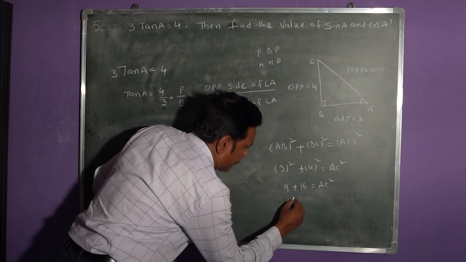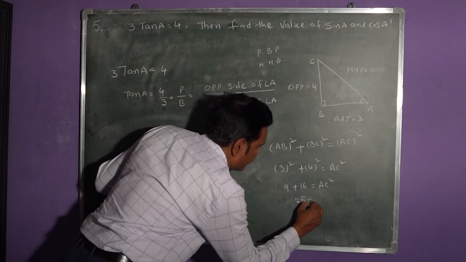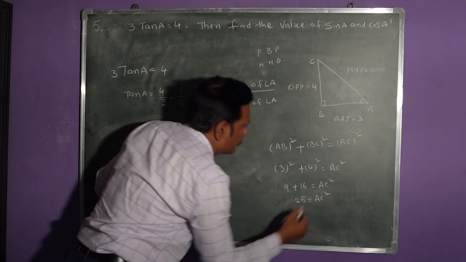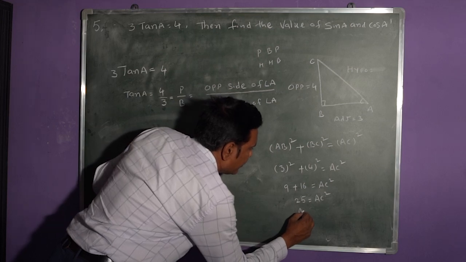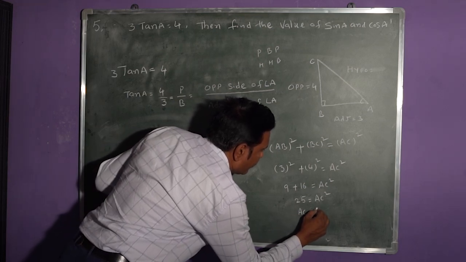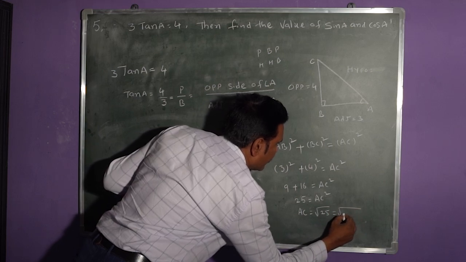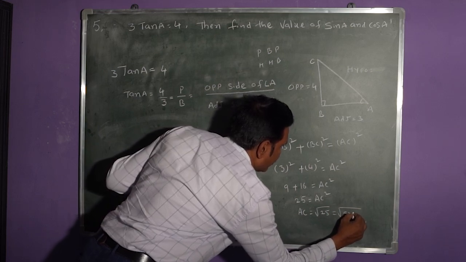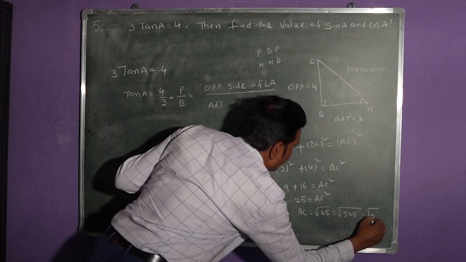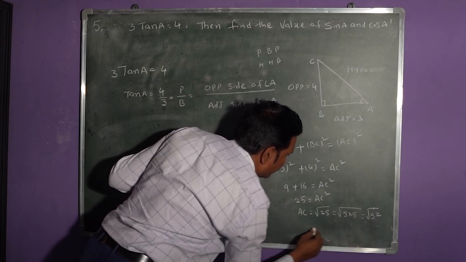Then 9 plus 16 is equal to 25, is equal to AC square. Then AC is equal to root of 25, that is root of 5 into 5, that is root of 5 square. Square root cancels.